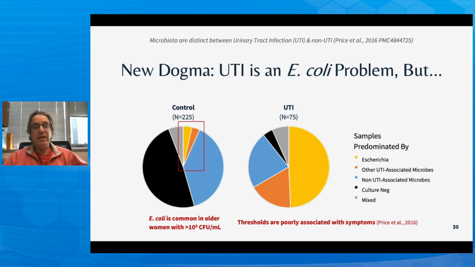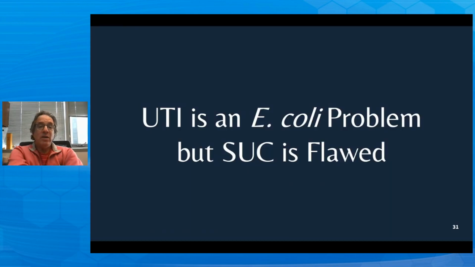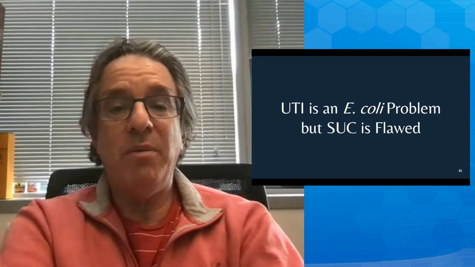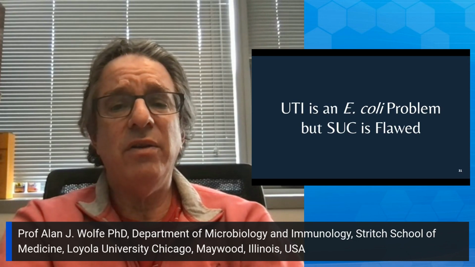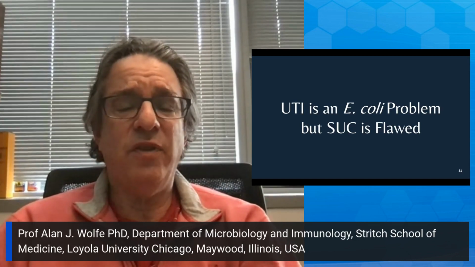So the whole idea that 10 to the 5 or 10 to the 4 colony-forming units of some typical uropathogen does not hold up often enough to be used, in my opinion, as a reliable test. I'm not going to tell you that UTI is not an E. coli problem. It certainly is. But I'll show you now that standard urine culture, the test, is flawed.